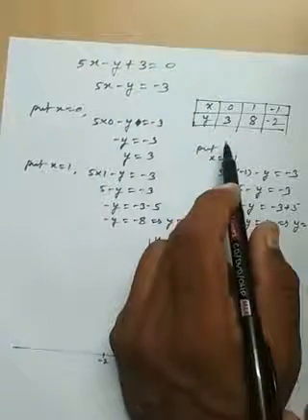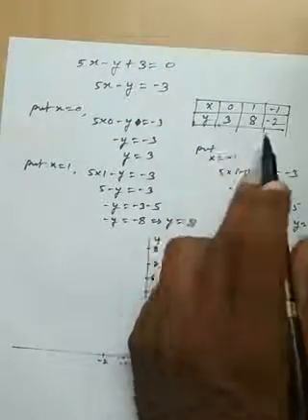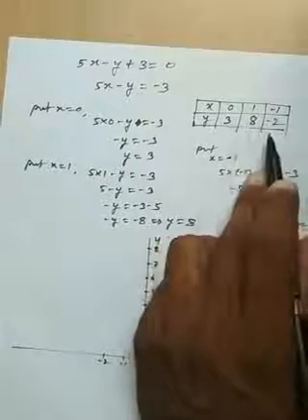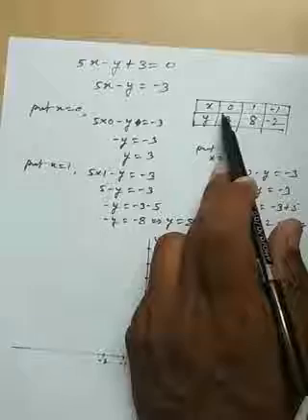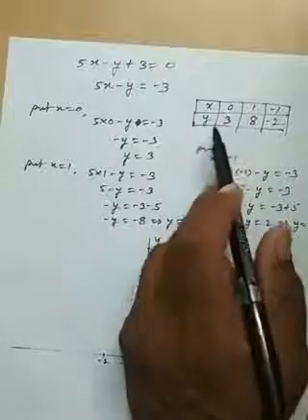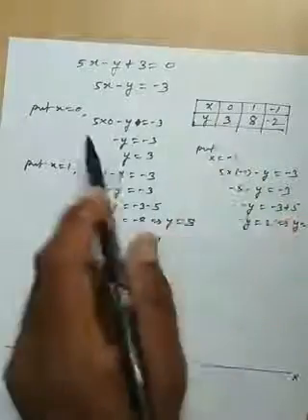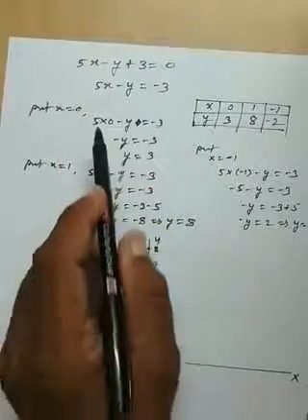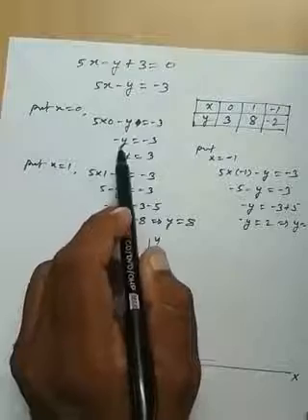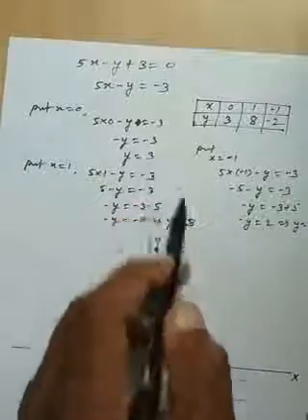Initially we will find a minimum of 2 solutions. Here we can find 3 solutions. Put values of x as your choice and then find the corresponding values of y. Put x equal to 0. Then 5 into 0 minus y equal to minus 3. 5 into 0 is 0. Then minus y equal to minus 3. Minus and minus are cancelled.